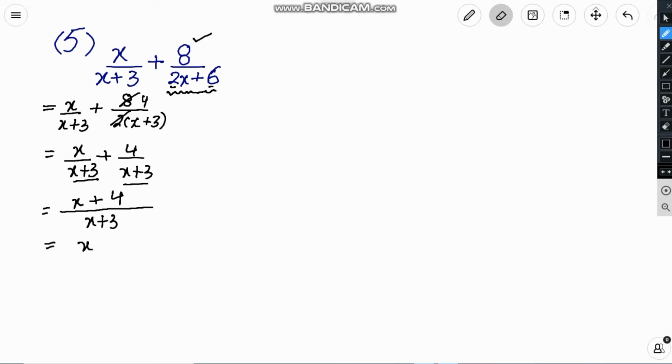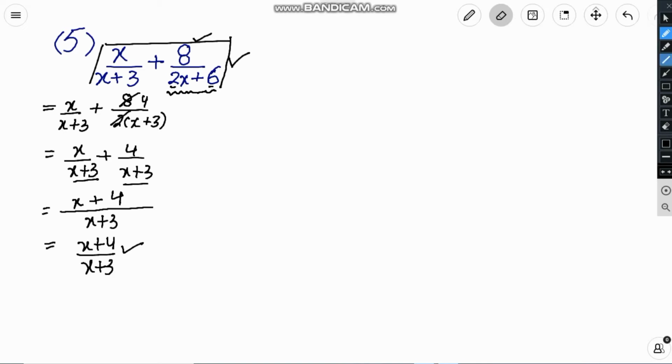So your expression becomes x plus 4 over x plus 3. This is the answer to your given question. You can see how simply we solved it. So first, just observe your question carefully, to see whether you can make it simpler or not.